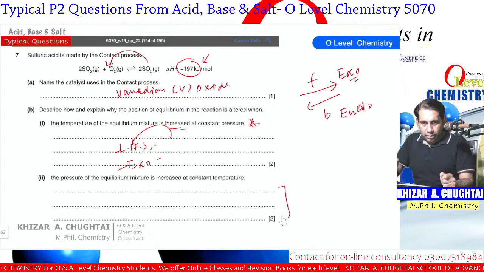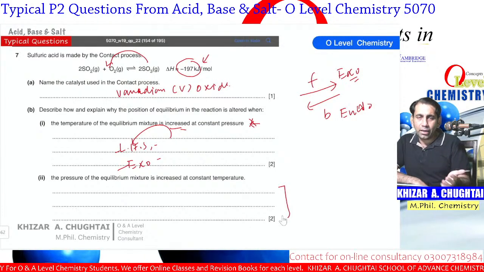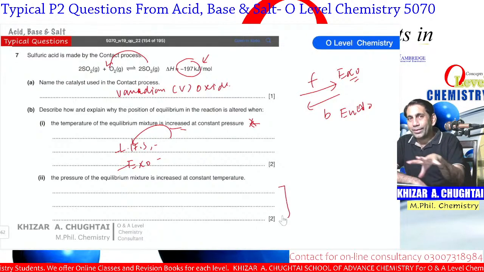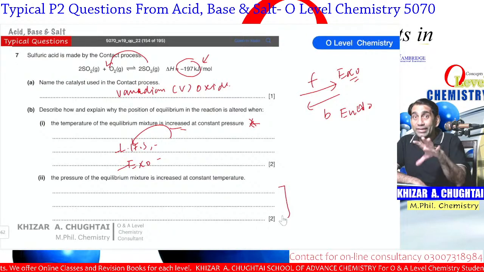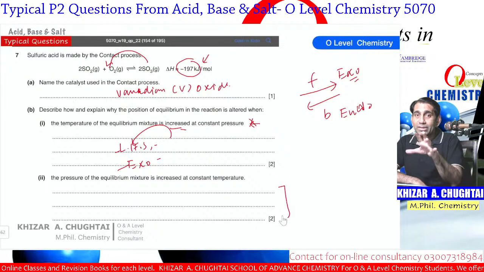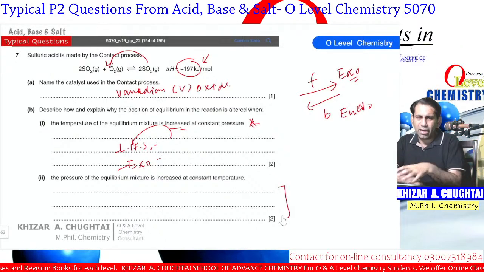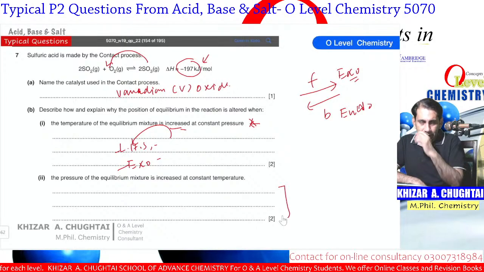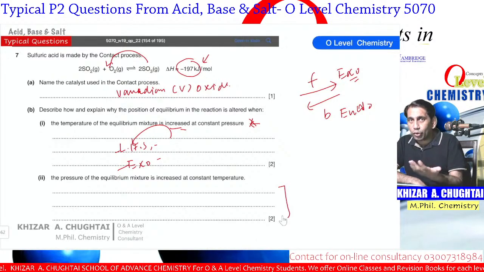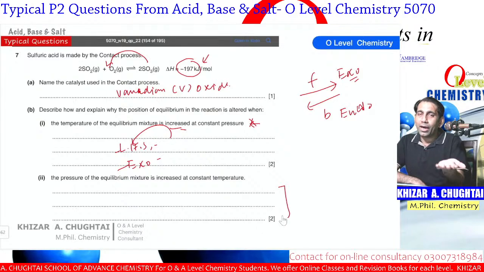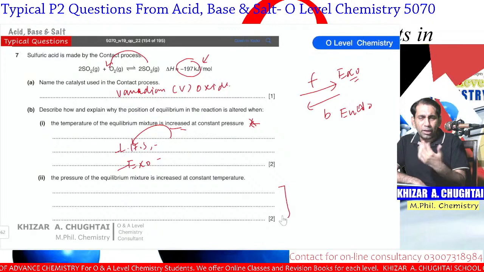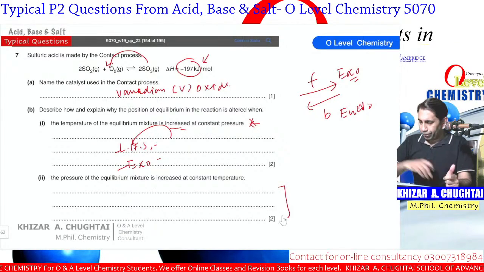And the next one is, once again, if you are going to increase the pressure, equilibrium will shift towards that side where there are less number of moles of the gases. There must be a different number of moles of the gases, or even one gas may be present, but there should be the presence of gas. So equilibrium will shift towards that side where there are less number of moles, and it may increase the yield or it may decrease the yield.